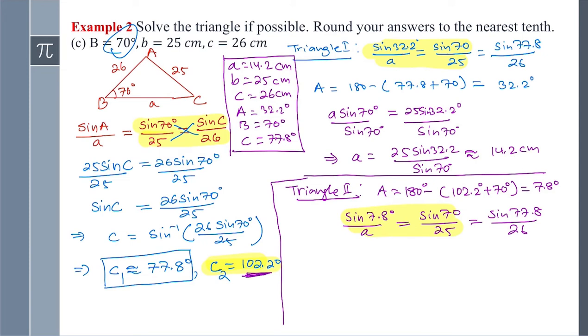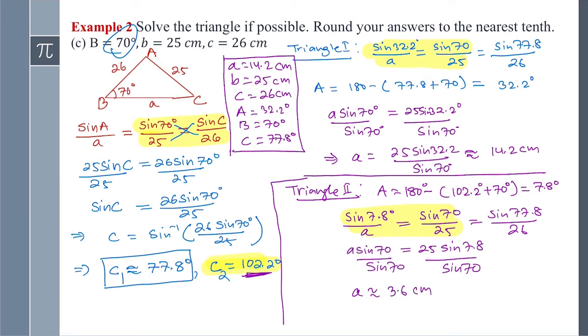So when we do the cross multiplication, we get A sine 70 equals 25 times sine 7.8, divided by sine 70 on both sides. We get A equals, if we put that into the calculator, approximately 3.6 centimeters.